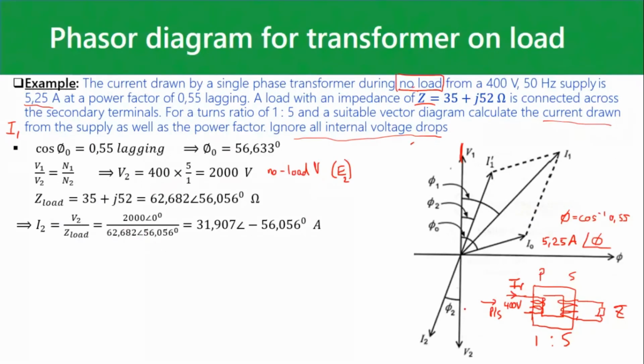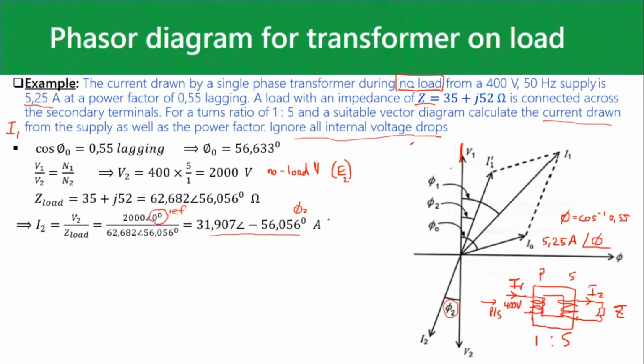So that's your I2. And we always then make this 0 as a reference. Relative to that 0, we're going to get this current. So we've made our V2, or E2, sorry, 0 just for this calculation. And then this phi2 now is going to be given by this.